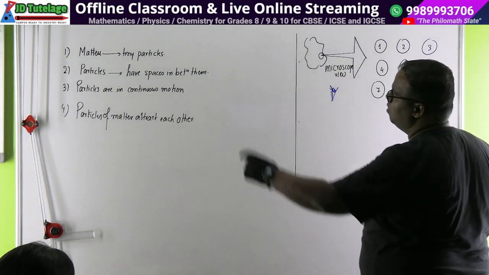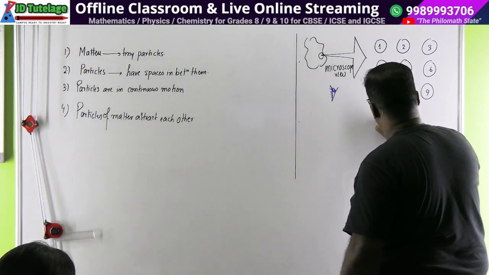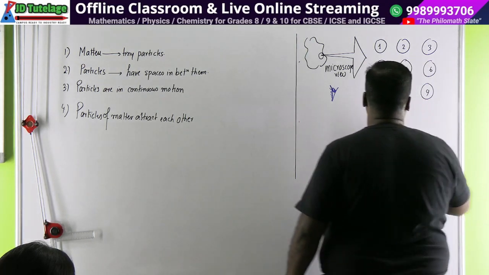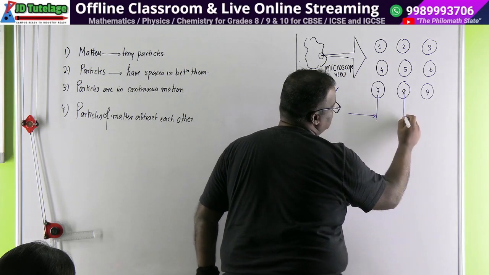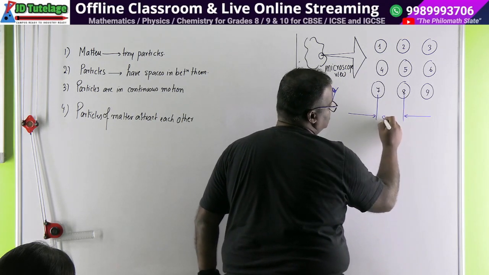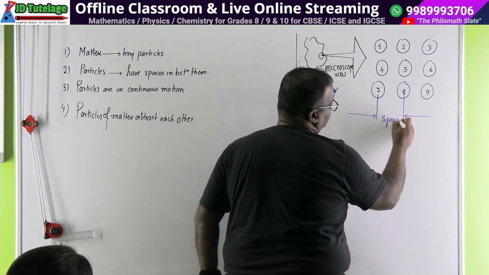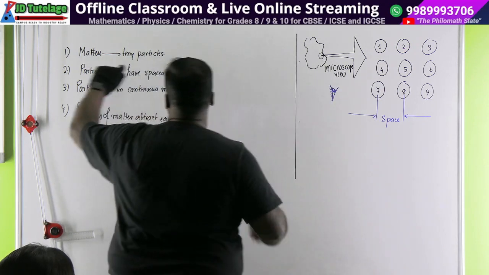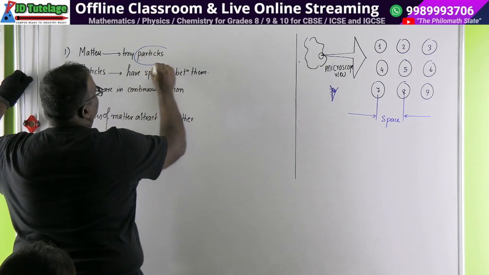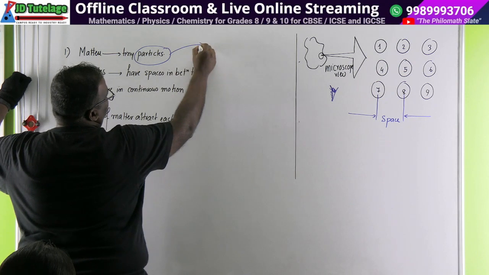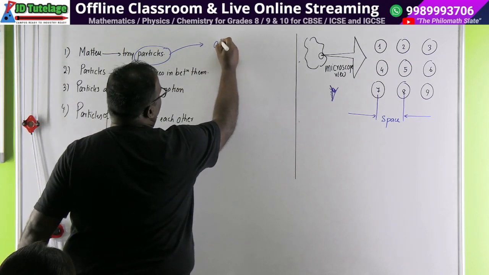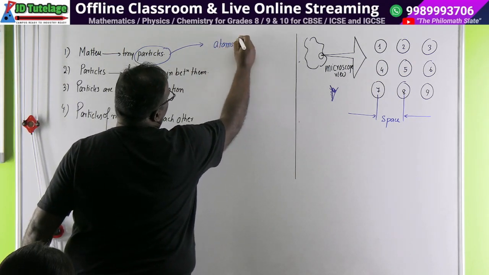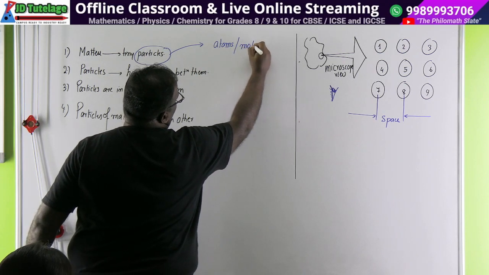Now, particles have spaces in between them. Please keep this concept very clear. This is the space. These particles we are talking about, later on when we go to the kinetic theory of matter, we will understand are nothing but atoms or molecules.